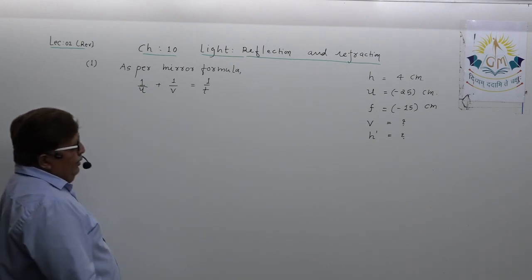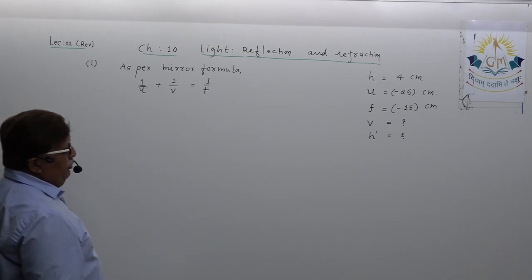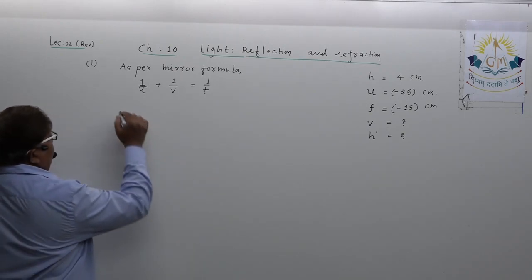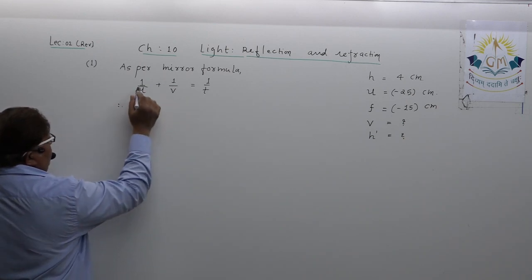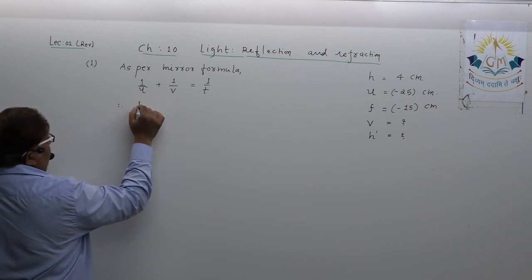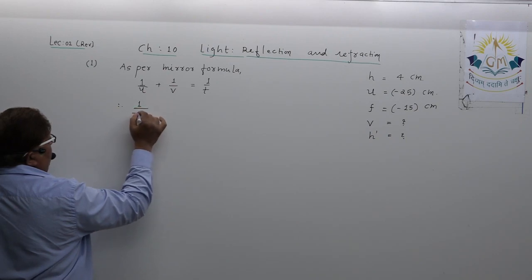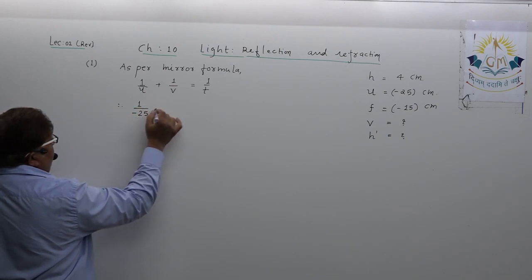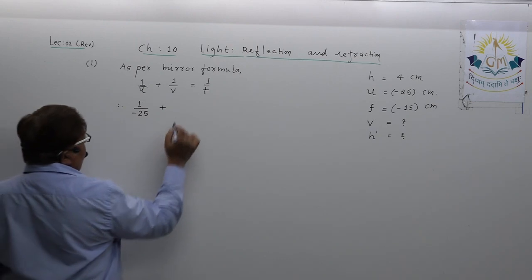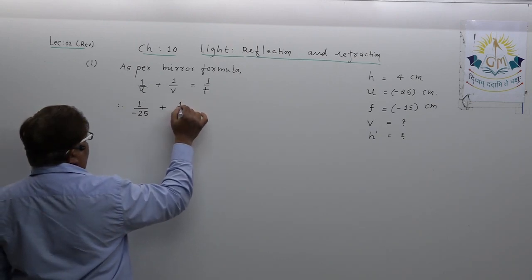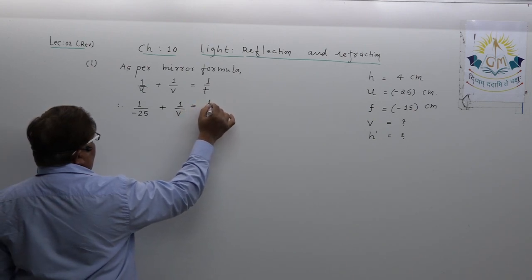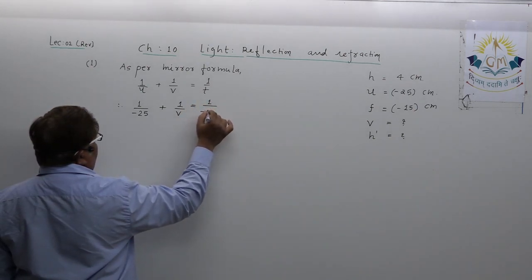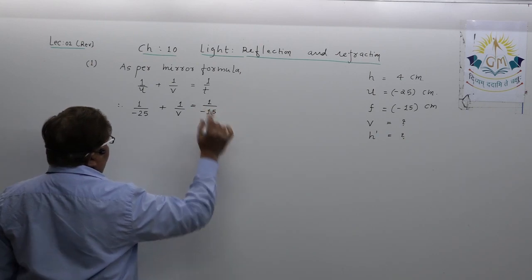Now let us substitute the given values. What is u? Minus 25. So 1 upon minus 25 plus 1 upon v, we are looking for, equals 1 upon f, which is minus 15.